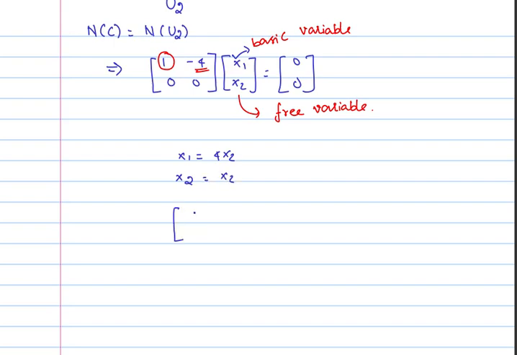I can write the vector form x1, x2 as x2 times [4, 1]. So this is the eigenvector.